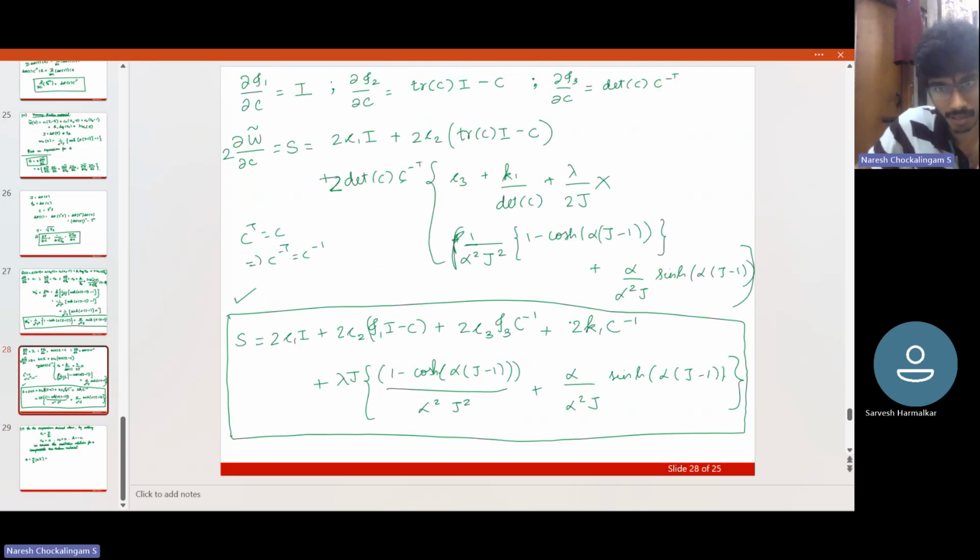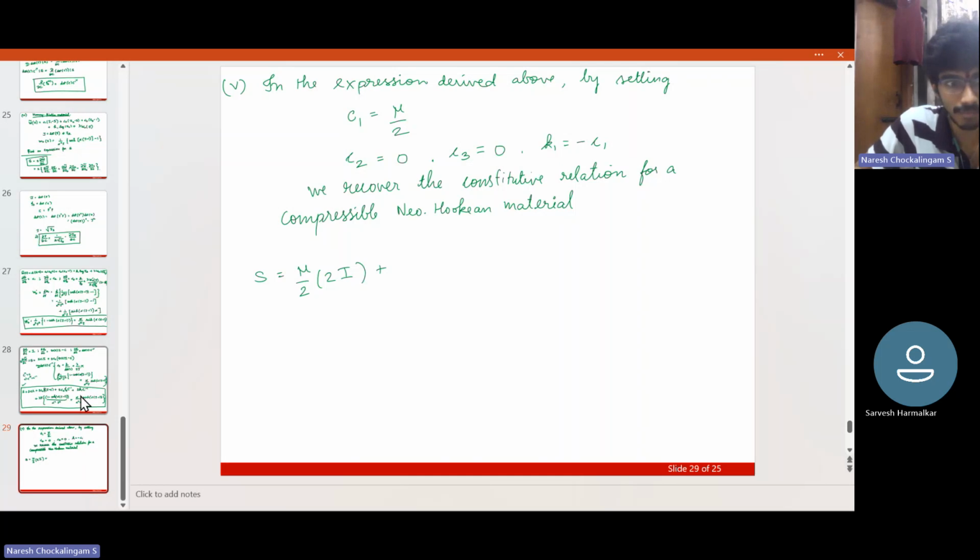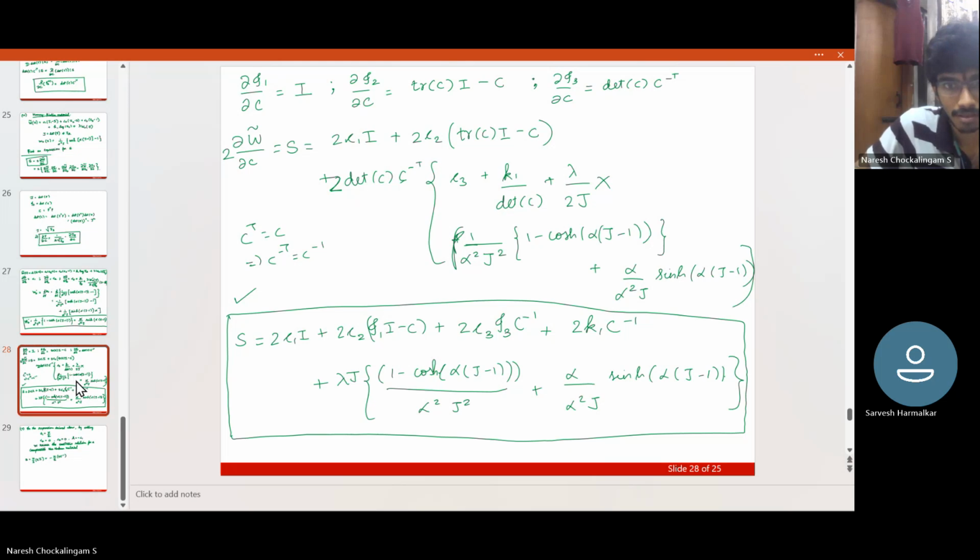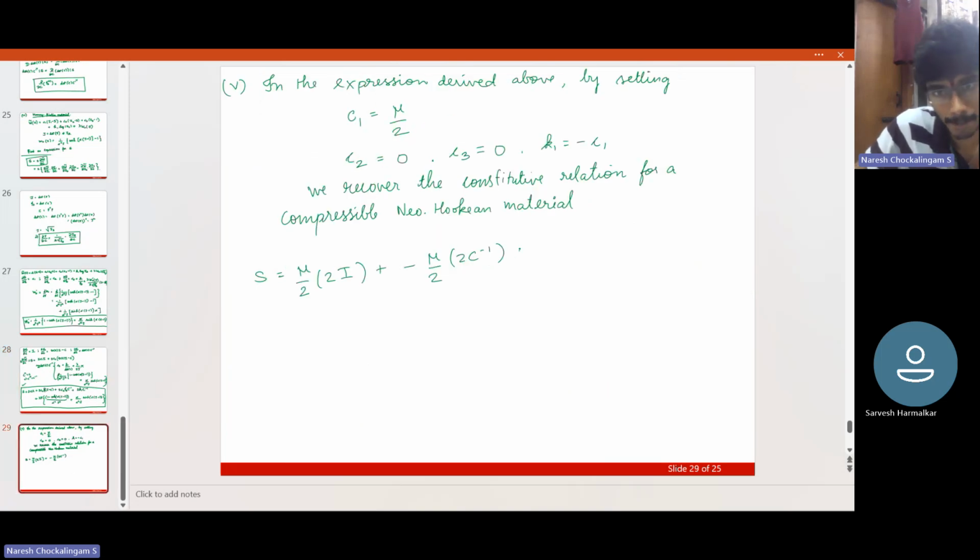C3 is 0. K1 is minus C1, so you get a minus mu by 2 into 2 times C inverse. So this entire term has just a lambda plus lambda J.